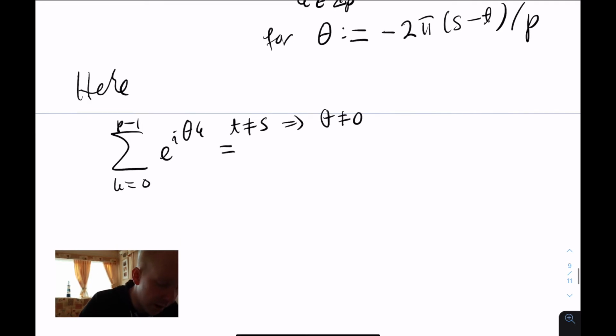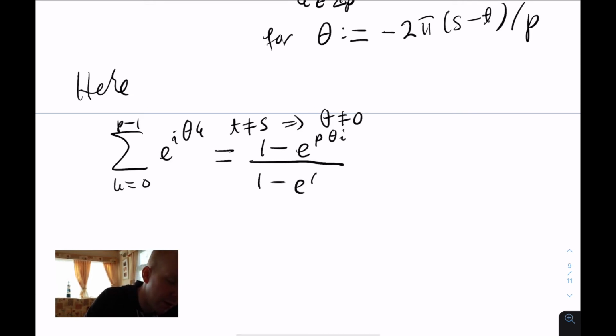Then in this situation, by the exponential sum formula, this whole summation is equal to 1 minus e to the power p theta i over 1 minus e to the power theta i. That's the exponential sum formula. And now if you open this up, you have this is e to the power i.